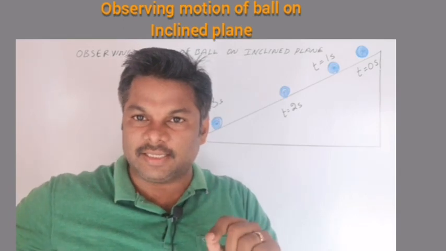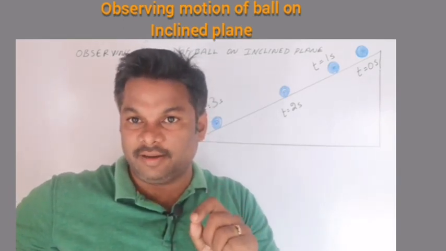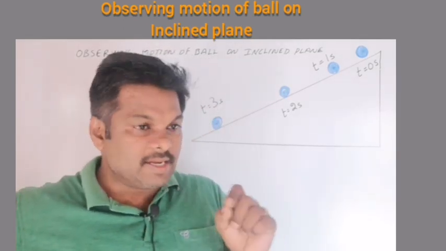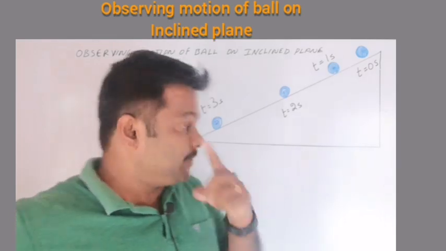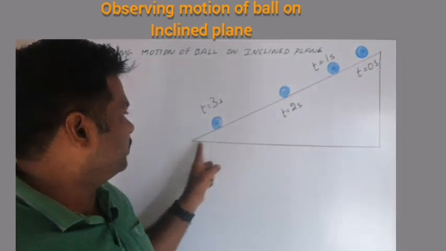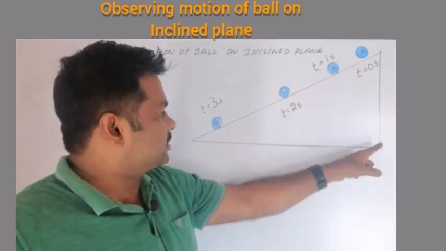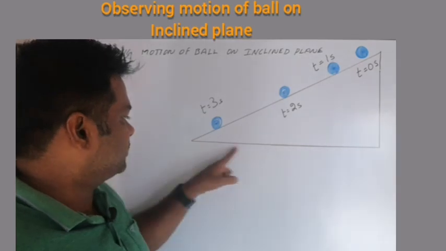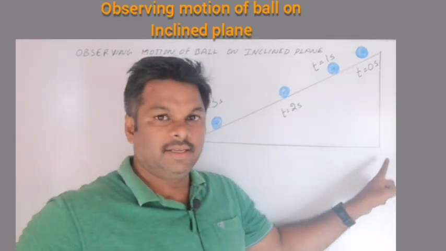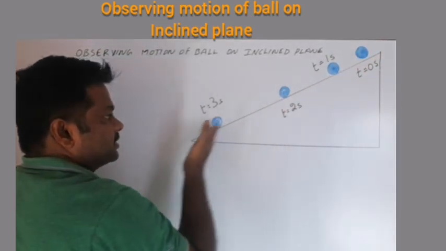Why did we select this inclined plane only? Why not a plane surface? Okay, first the inclined plane. Observe this triangular wooden box. This is the base, this is the height, and this is the inclined surface.